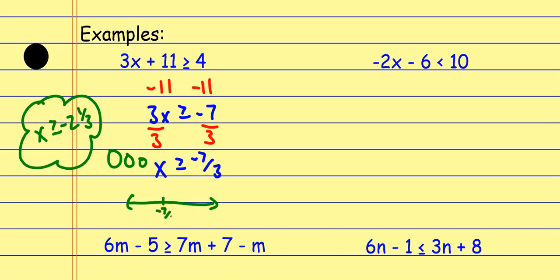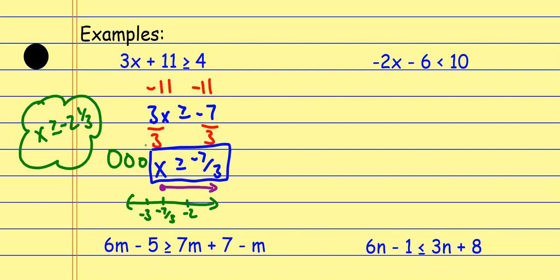I could leave it as negative 7/3, but understanding that it's a negative 2 and something, going this way would be a negative 3, and going this way would be a negative 2. Getting an idea of where that is on the number line could be important. The equal to condition is a closed dot, greater than I shade to this side. But once again, this is my answer. The graph is just there as a visual representation. A little extra practice with it.